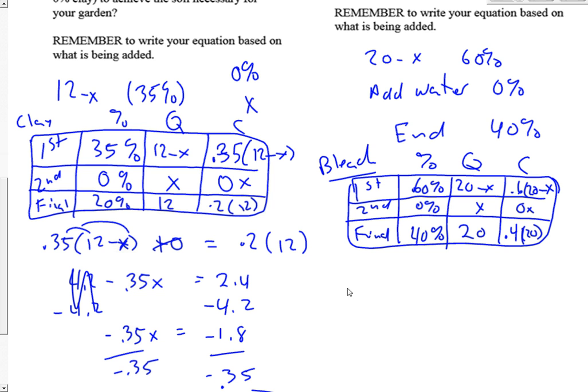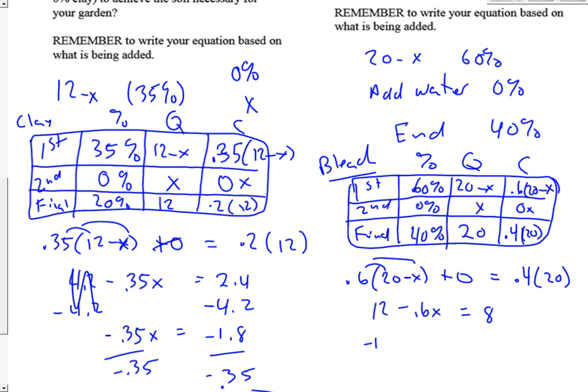So now we're ready to write our equation. So 0.6 times 20 minus x plus the 0 is equal to 0.4 times 20. You distribute, and you get 12 minus 0.6x equals 0.4 times 20 is 8.